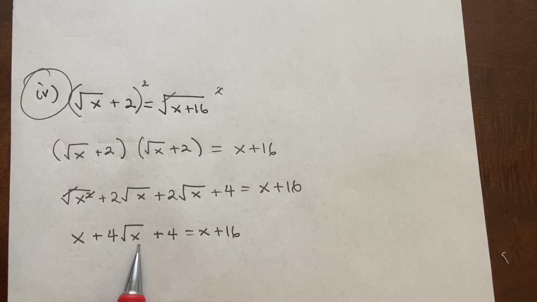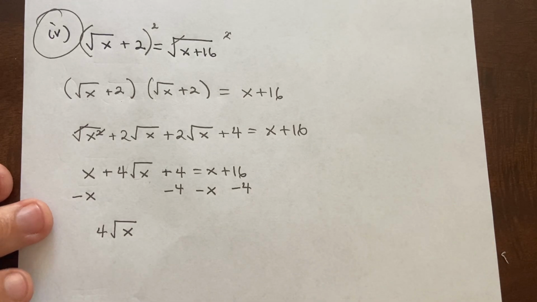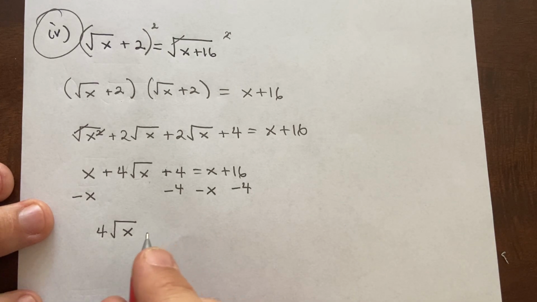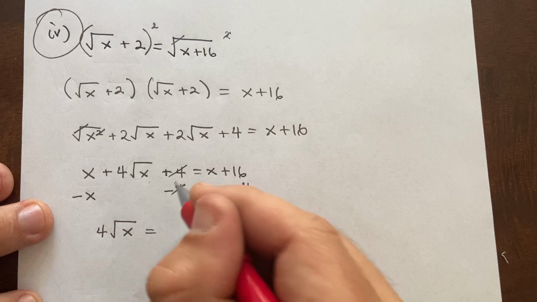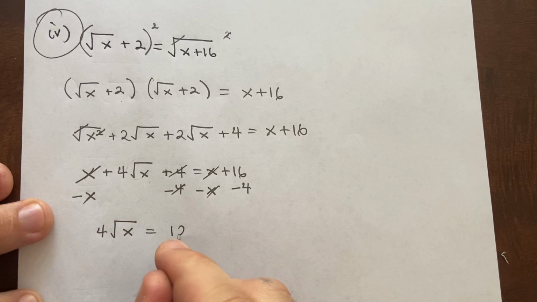So again, what I'm now doing is doing another round of isolating a root, and now I want to isolate this root, so when I square, now I'll have no more roots. So I'll subtract x, I'll subtract 4. So what I have is 4 root x on the left, right? Everything else is gone on the left. Here, x's are actually gone, and I have now equals 12.